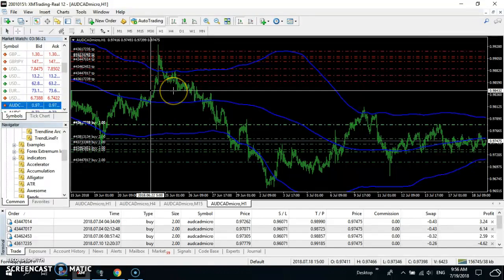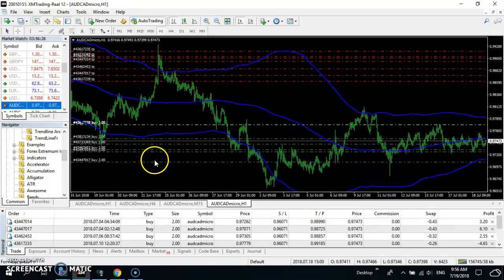So when you understand that this is going to be a change of direction, what we want to know is, even if the direction changes, where is the entry? Look, the entry is right inside the flat of that Bollinger Band, inside this flat zone.